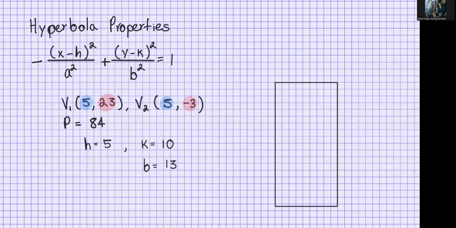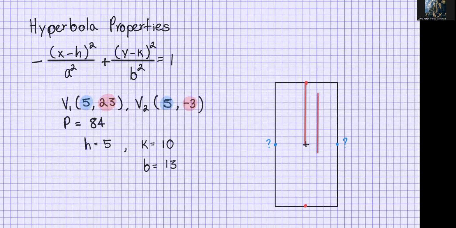So if we start doing some graphical analysis, this is the rectangle we have. We don't know its real dimensions, but what we do know is that we have one vertex here and the other one down here. We know the center is around here, and we don't know the position of the covertices. So we cannot have a, but we have the distance b. b goes from the center to either of the vertices.